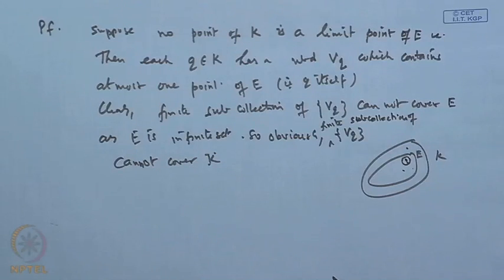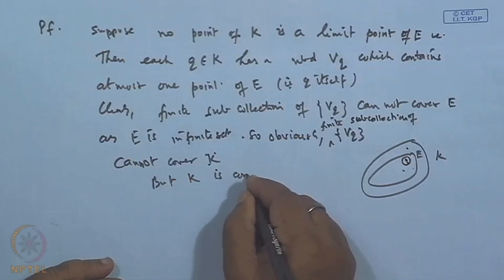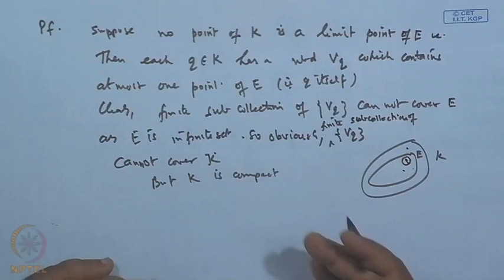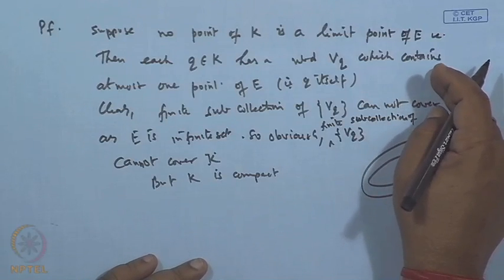But what is K? K is compact. So, every open cover must have a finite subcover. Now, V Q, we are taking as an open cover for this.